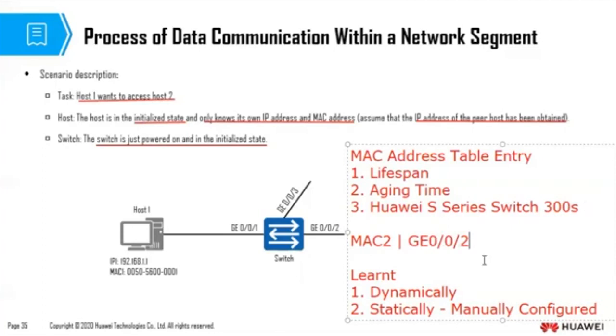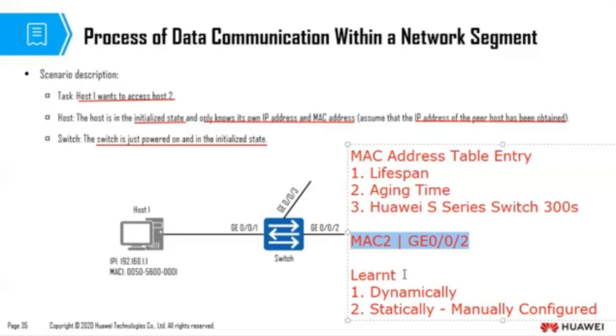If we don't receive any frame within 300 seconds coming from this source, MAC2, then we delete this entry from the MAC address table. That is what we call the lifespan of a MAC address table entry, or the aging time. So the aging time is 300 seconds.